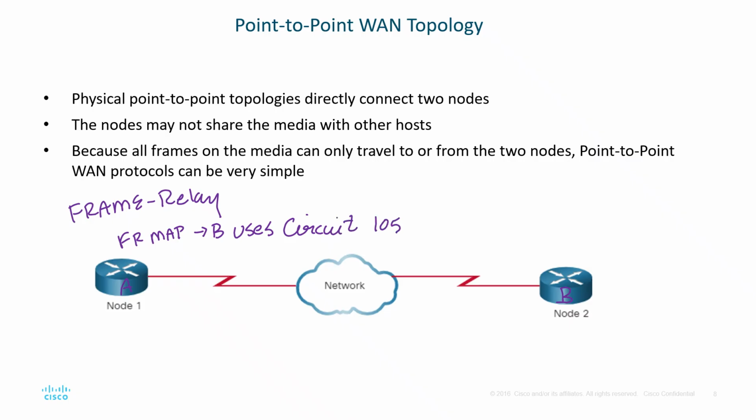Now likewise, on B, I would say frame relay map. To get to A, use circuit 501. So you define it. So it's still only going from one to the other and then back the other way. Where are you going to put that circuit number? In your description. So you know exactly what it's connected to at the other end. Okay?